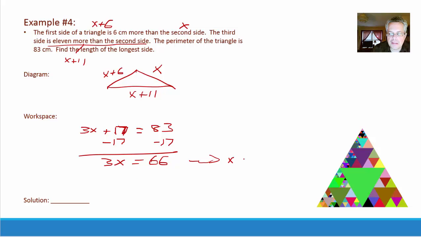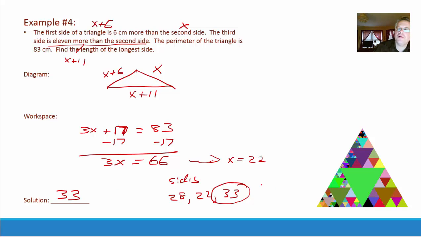We get x equals 22. So the sides are, the first side would be 28, putting in x equals 22, the second one 22, and the third one 33. Okay, so they said find the length of the longest. The longest is 33. Okay, this is like the very last problem on the quiz, so we've almost done everything.